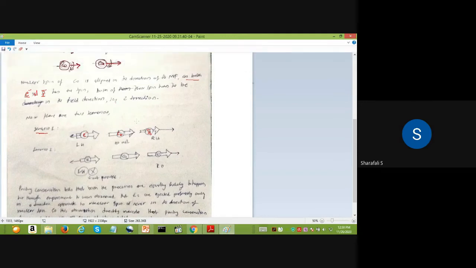I can show it in a different color. This bigger arrow is the spin of the cobalt and neutrino. Similarly for the electron, this green color I'm now showing. This is the spin, this bigger arrow.